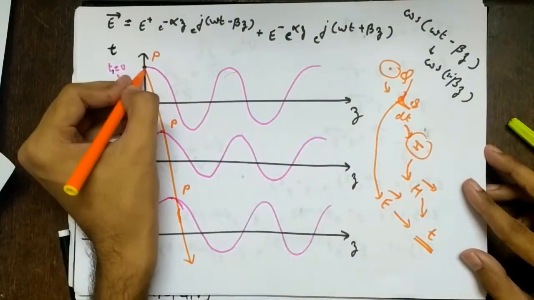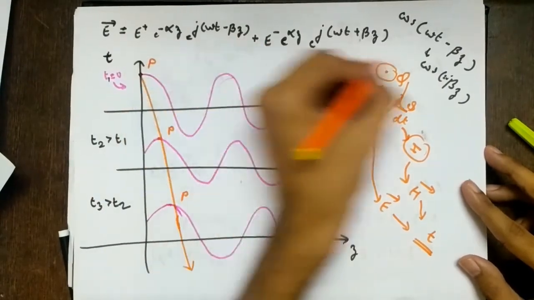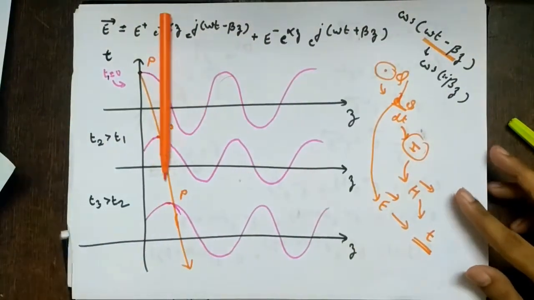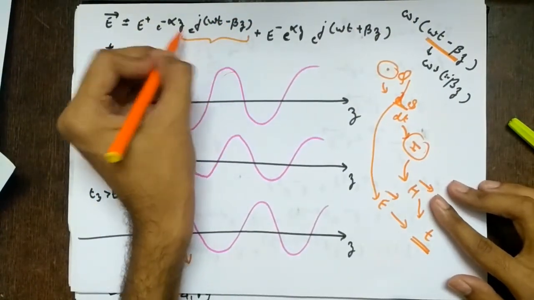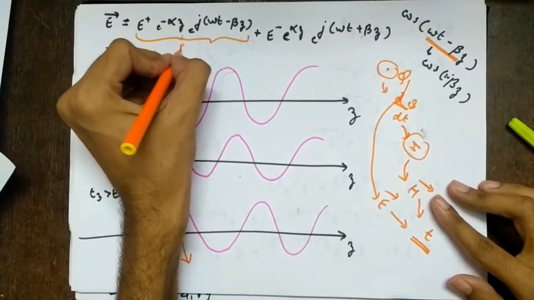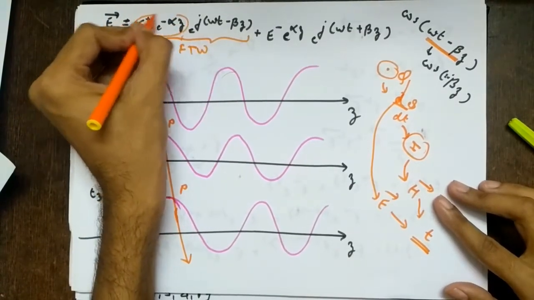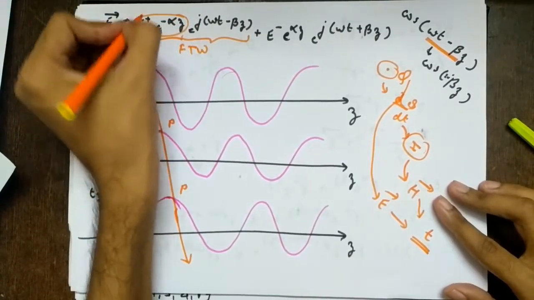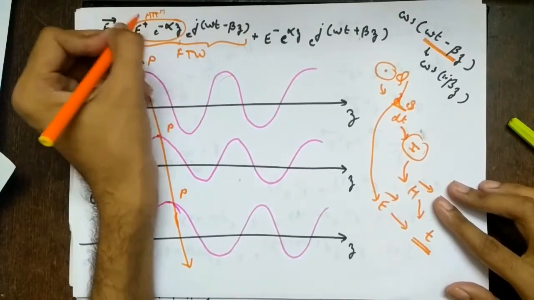So this is a forward traveling wave. We have taken omega t minus beta z. This whole term indicates a forward traveling wave, and this other term is the constant term, so it indicates attenuation. That's why alpha is called the attenuation constant.